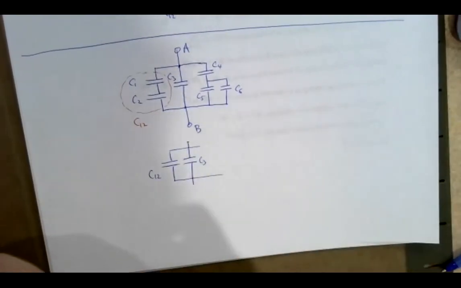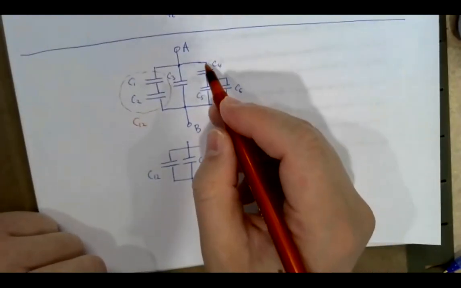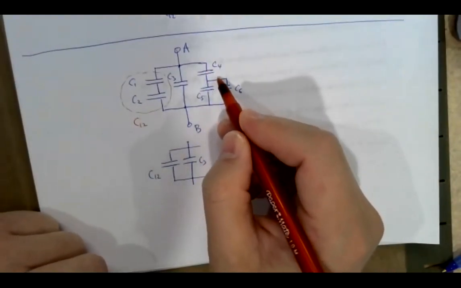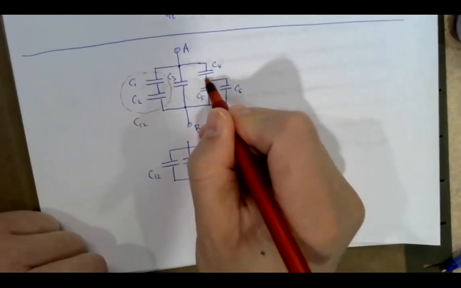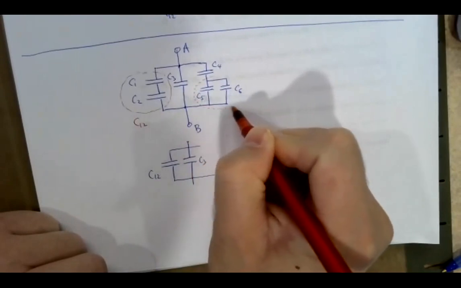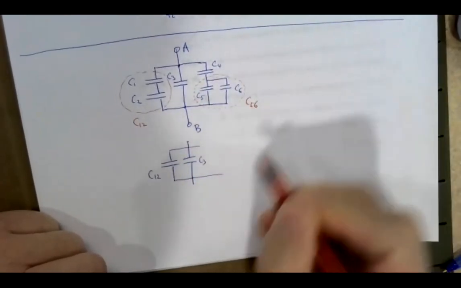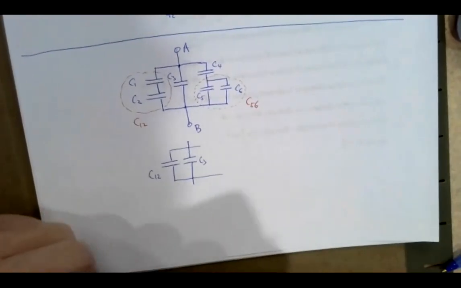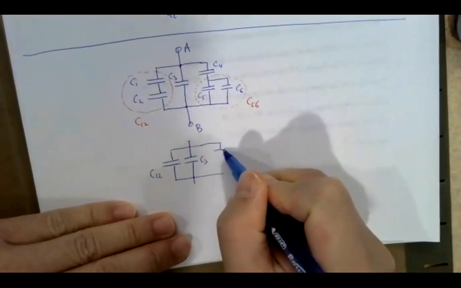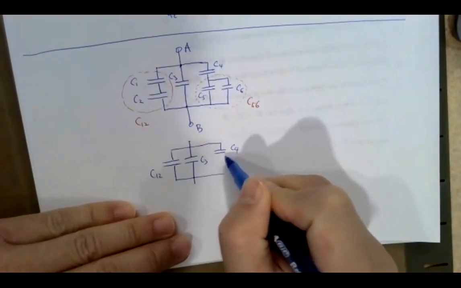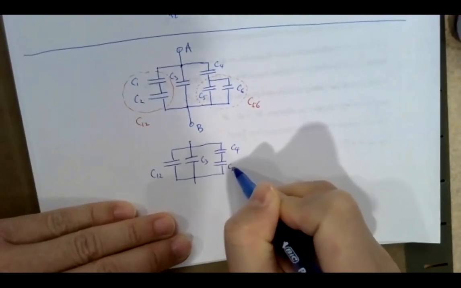On this branch over here, you can see this one is in series with these two together. These two are in parallel to each other, so you want to treat these two as an equivalent first, C5 and 6. Then this would be a C4 followed by an equivalent of C5 and 6.